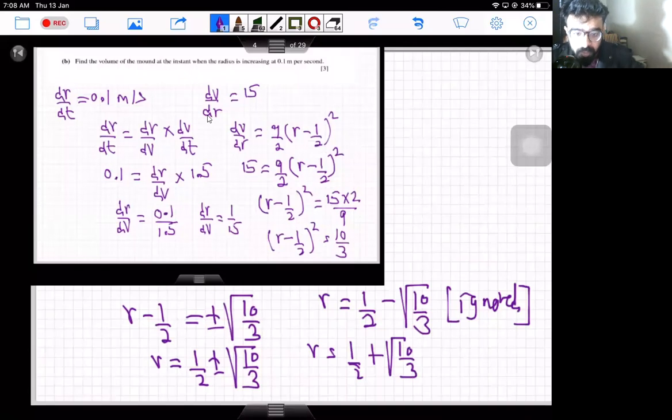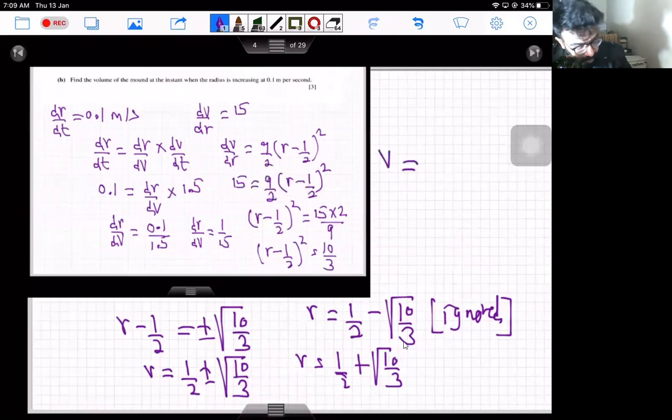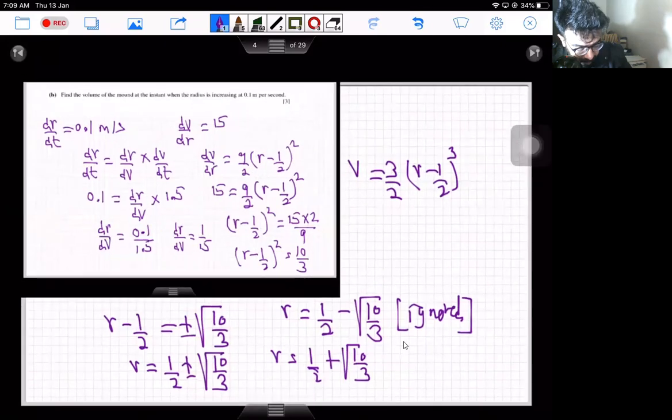Now what you need to do is find the value of volume. You can use this exact value of r as well, or you can use the value of r correct to 4 decimal places. Okay, so v is equal to 3 over 2 multiplied by (r minus 1 over 2) the whole thing cubed and then minus 1.